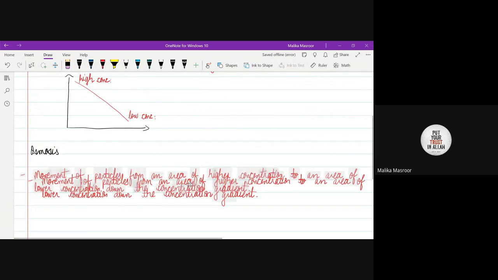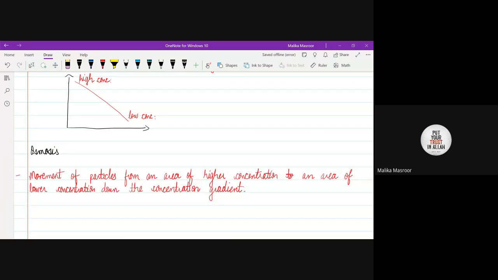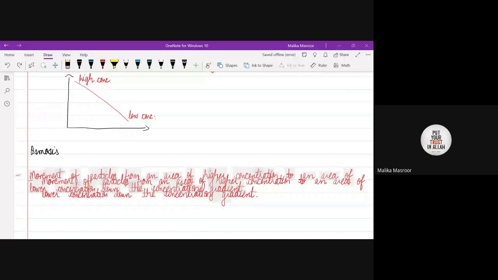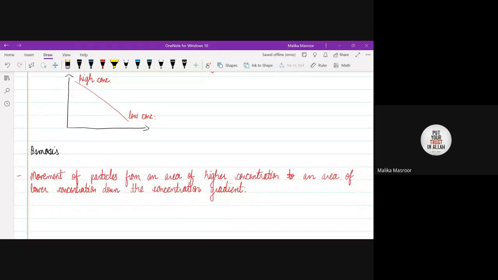Let's change the definition. This time it's water particles from an area of higher water potential to an area of lower water potential, down the water potential gradient, and across the semi-permeable membrane.